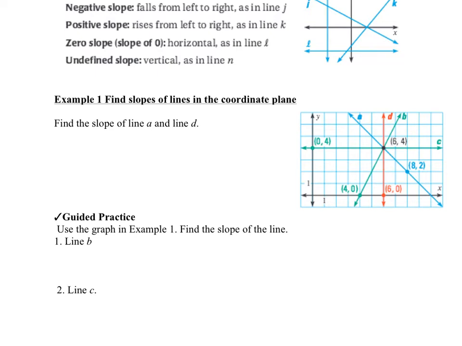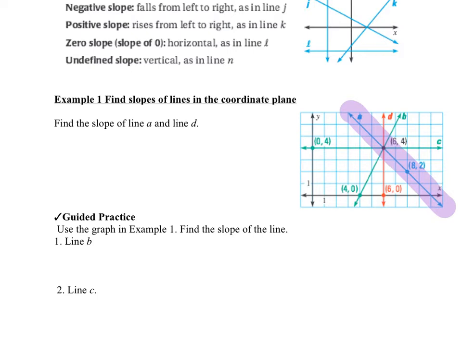Okay, in example 1, we're going to find the slopes of lines in the coordinate plane. Find the slope of line A and line D. Line A, highlight in purple, right there. And we have 2 points, 6, 4.